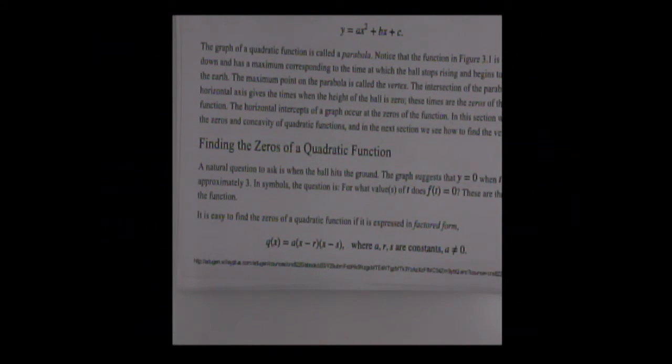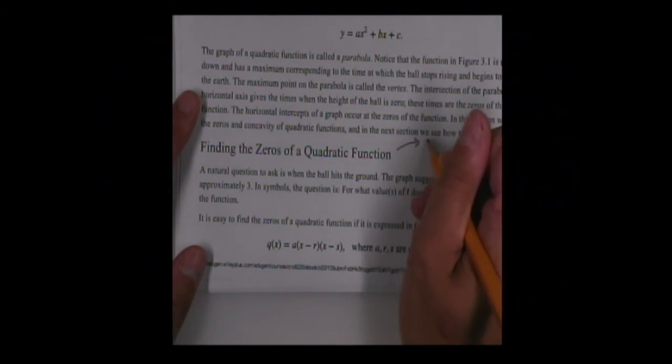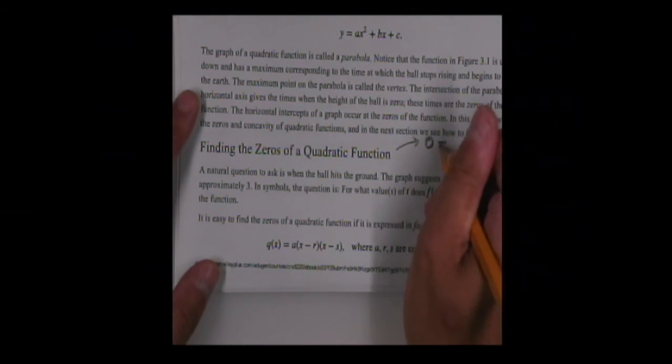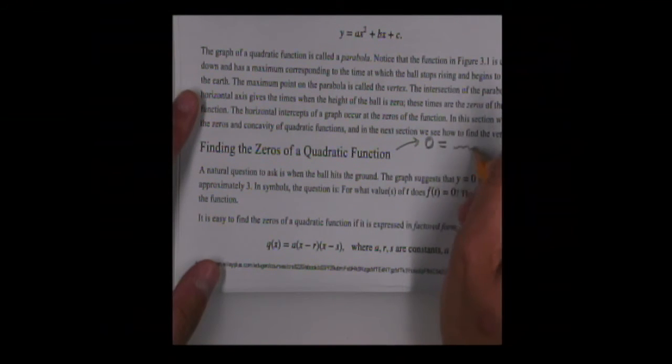You should be comfortable with finding the zeros of a quadratic function. So typically, to find the zeros of a quadratic function, first of all, you need to make sure it's in the form 0 equals whatever we have here.